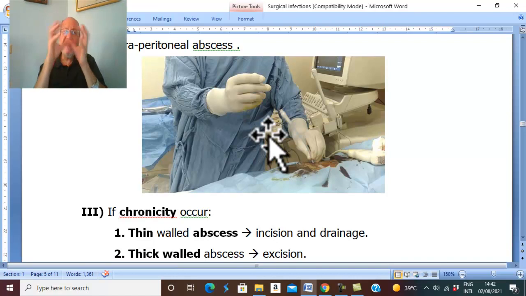But if it has a thick fibrous wall, it is treated as any lump, with excision.